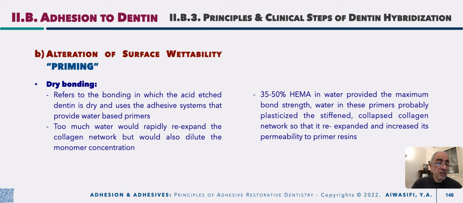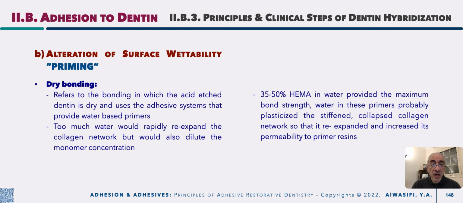Not like that of acetone and ethanol, which should be triple or quadruple coating, 3 to 4 coats according to how old your primer is. Here it is 1 or 2 coats maximum, depending on it containing from 35 to 50% HEMA that will maximize the expansion of your collapsed collagen.